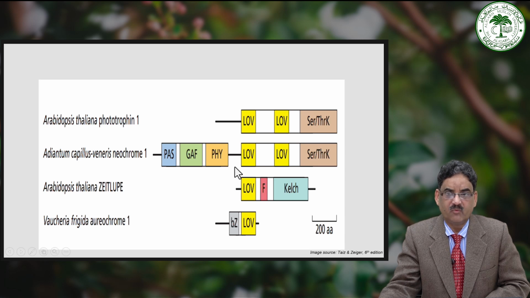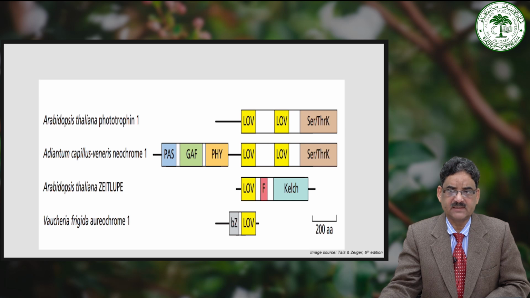As you can see, phototropin typically consists of two photoreceptor domains known as LOV domains and a serine threonine kinase domain, while neochrome is characterized by a combination of LOV and histidine kinase domains. Moreover, ZEITLUPE contains a LOV domain and a domain associated with the F-box protein, and aureochrome possesses a LOV domain and a basic region helix loop helix, that is bHLH domain.